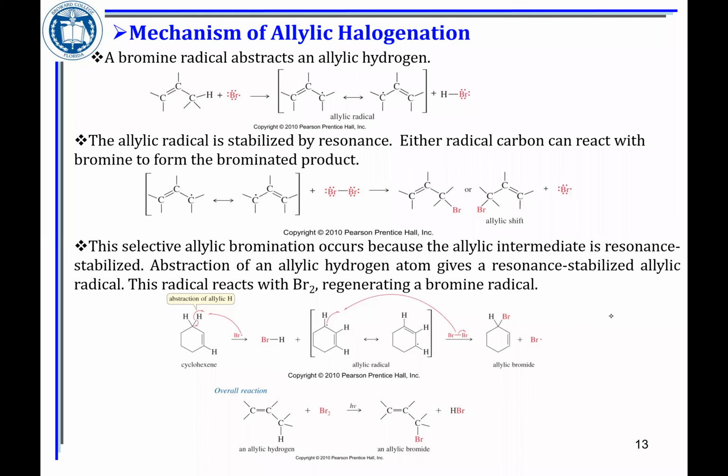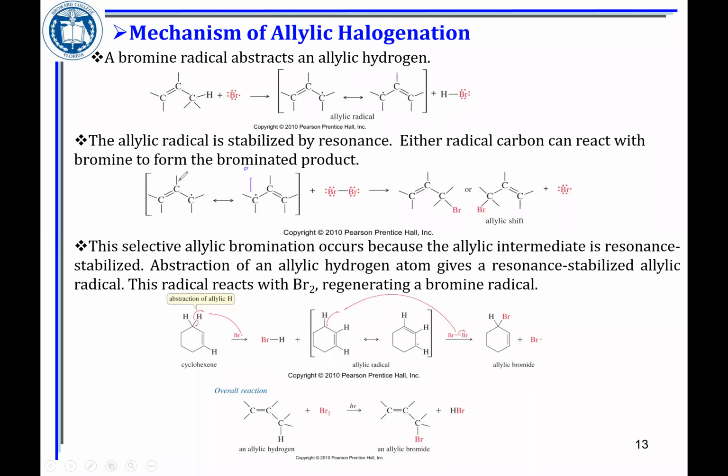And the reason the allylic position is brominated is that if you have a free radical formed in the allylic position, a primary allylic free radical is stable, a lot more stable than a primary free radical, as stable as a secondary free radical.